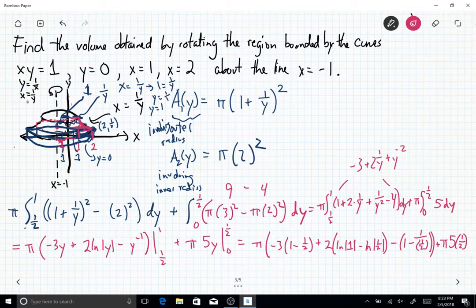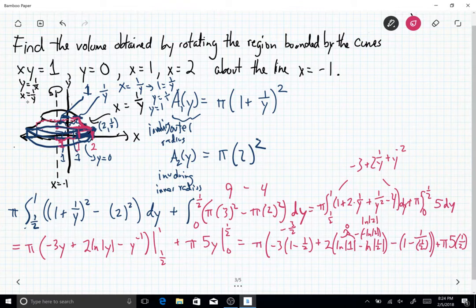So this whole business, we get negative 3/2 for the first part. The natural log of 1 is 0. And then you have negative natural log of 1/2. That is negative natural log of 2, or rather, not saying you have to do that part, but that makes it natural log of 2.